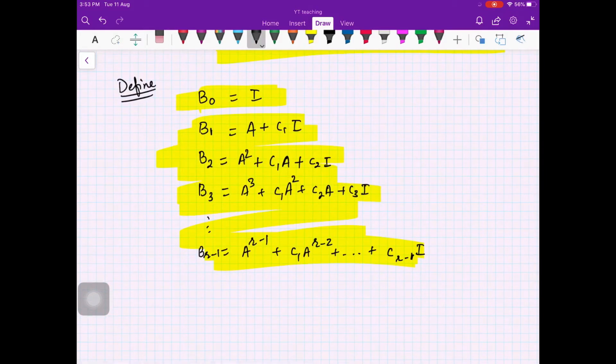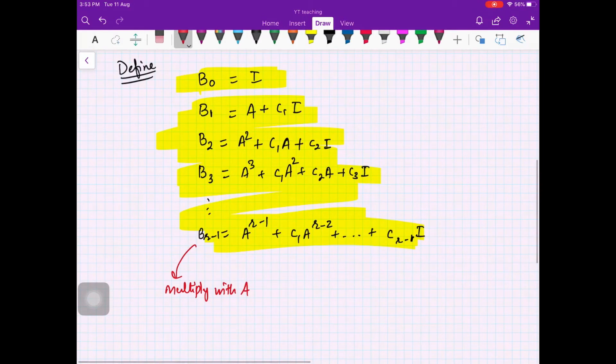Now you just multiply this last one with A. Then you'll get A B(r-1) is equal to A raised to power r plus c1 A raised to power r minus 1 plus so on, c(r-1) A, right?